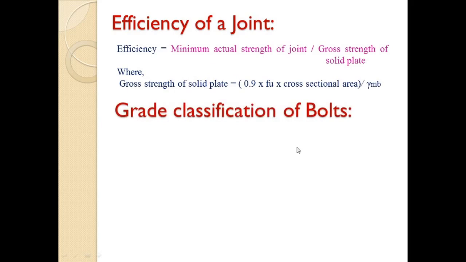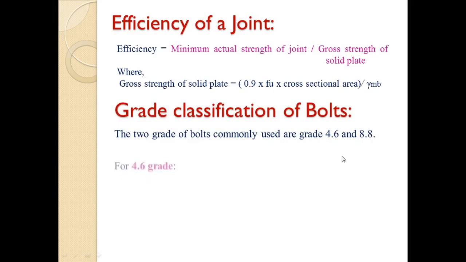Next is the grade classification of bolt. Commonly used grades are 4.6 and 8.8. So what is meant by 4.6 grade of bolt? We divide it into 4 plus 0.6.